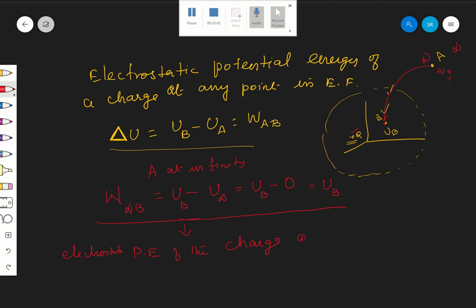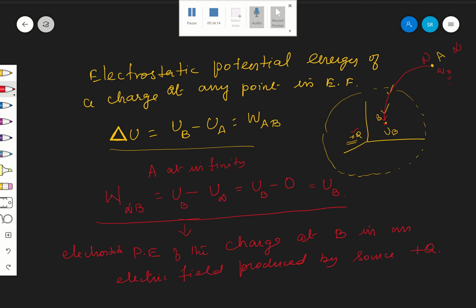at B, at point B, in an electric field produced by the source charge plus Q. Are you following? Once again, let us define this.